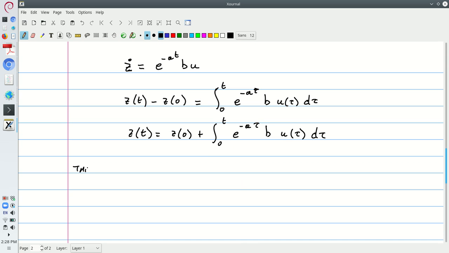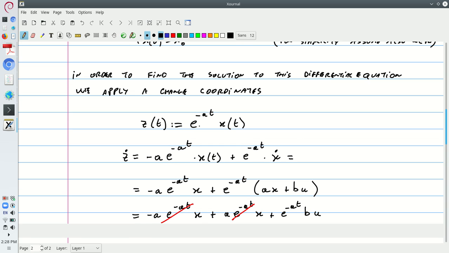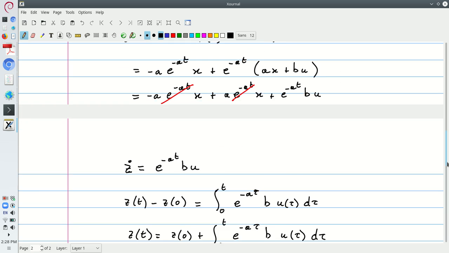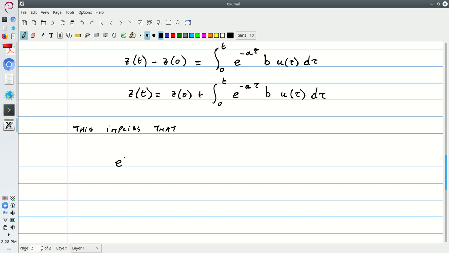So this implies that now I replace z of t with its expression, that is exponential of minus at x of t. So exponential of minus at x of t needs to be equal to exponential of minus a times 0, x of 0, but the exponential of 0 is 1, so this is just x0, plus the integral that we had before.